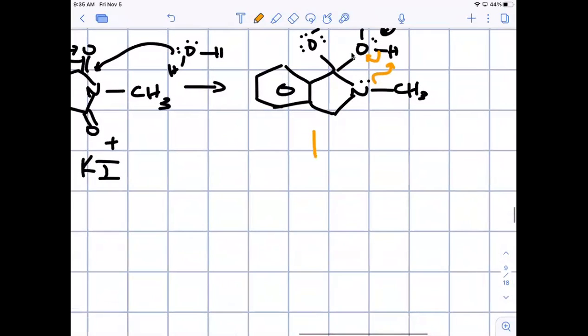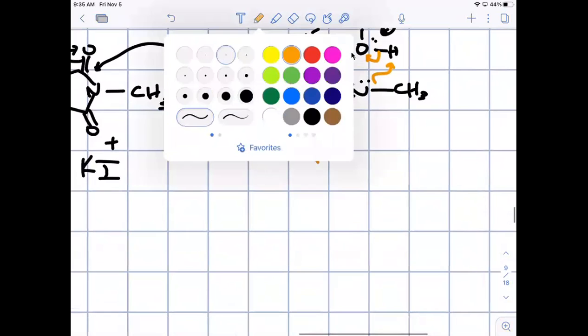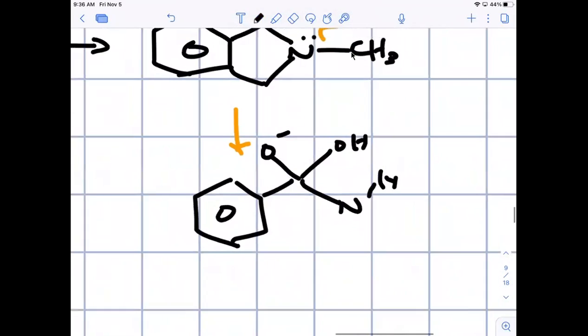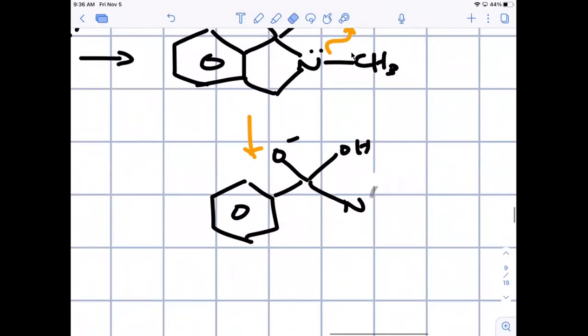And this looks like a lot, but it's not as bad as it looks. This is positive.